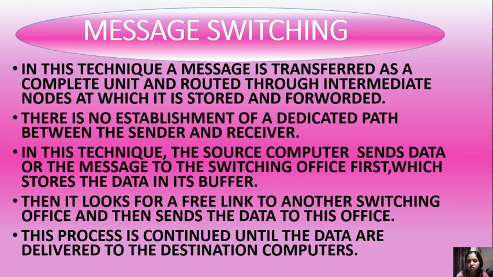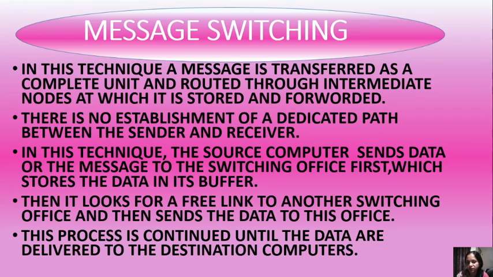So this is the only difference between circuit switching and message switching: it follows the store and forward principle, and there is no establishment of a dedicated path between the sender and receiver. In this technique, the source computer sends the message to the switching office first, which stores the data in its buffer.